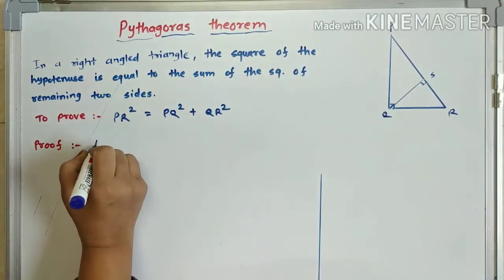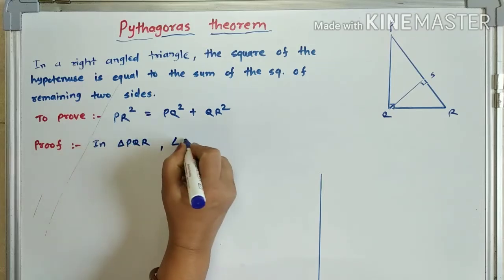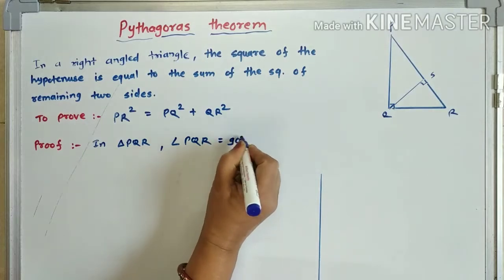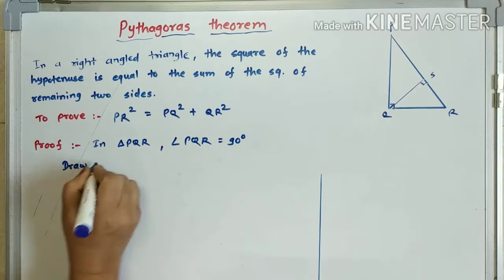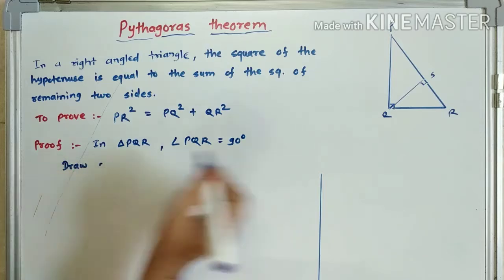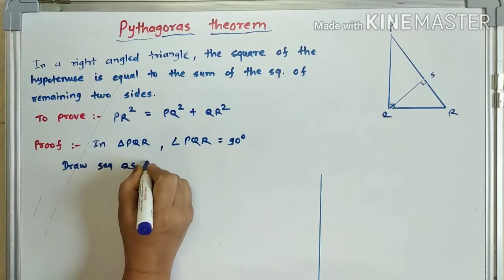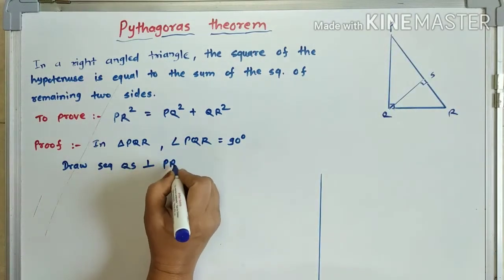In triangle PQR, angle PQR equals 90 degrees, and draw perpendicular QS. Draw segment QS perpendicular on this hypotenuse PR.